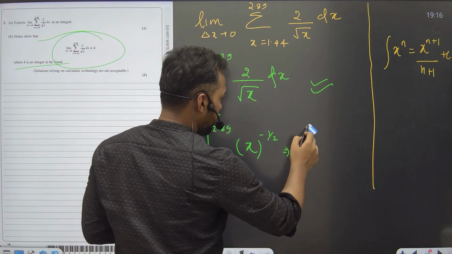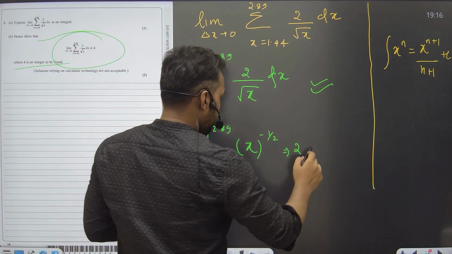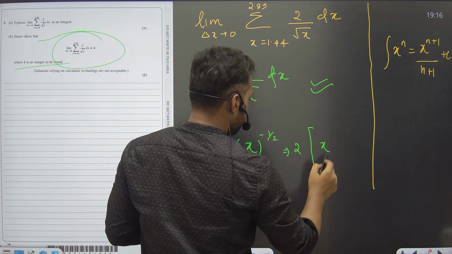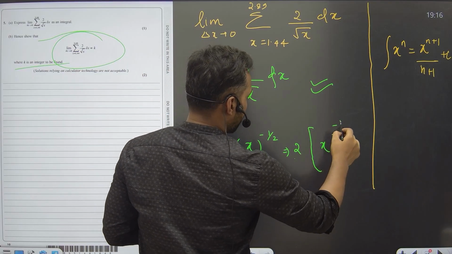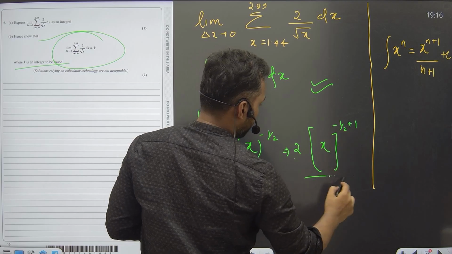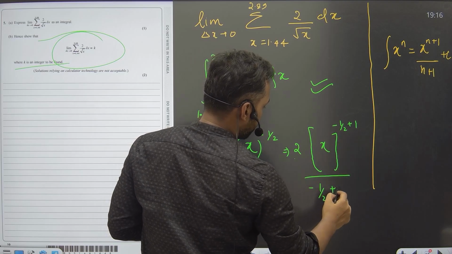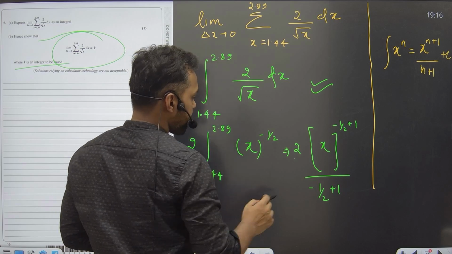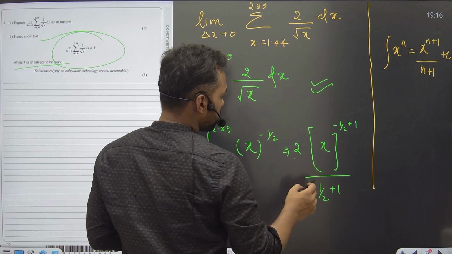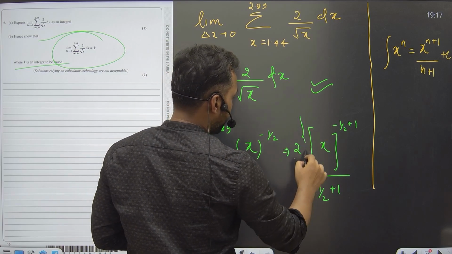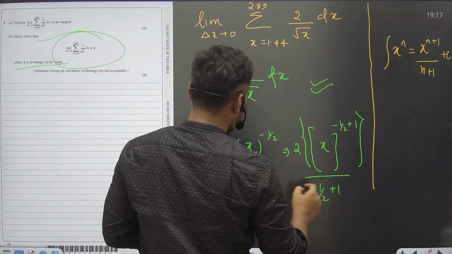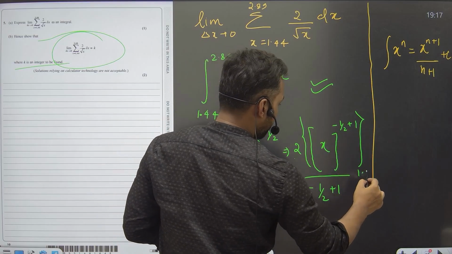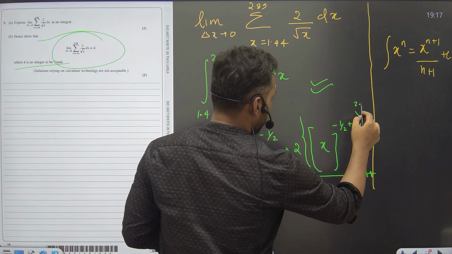after applying it you will get 2 times x^(-1/2 + 1) upon (-1/2 + 1). Okay, this whole part will be under the integration from 1.44 to 2.89.